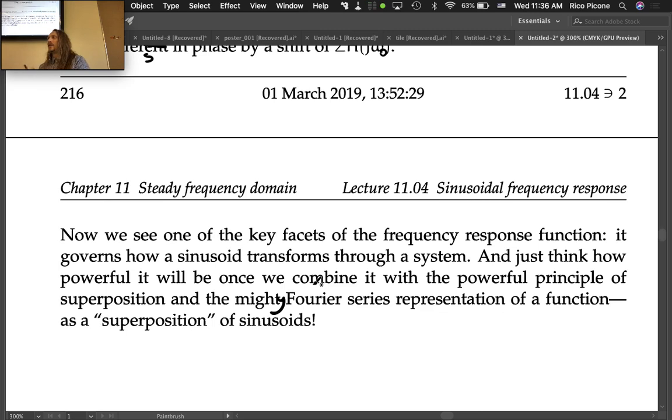So you can think of all these functions as being composed of a bunch of sinusoids.